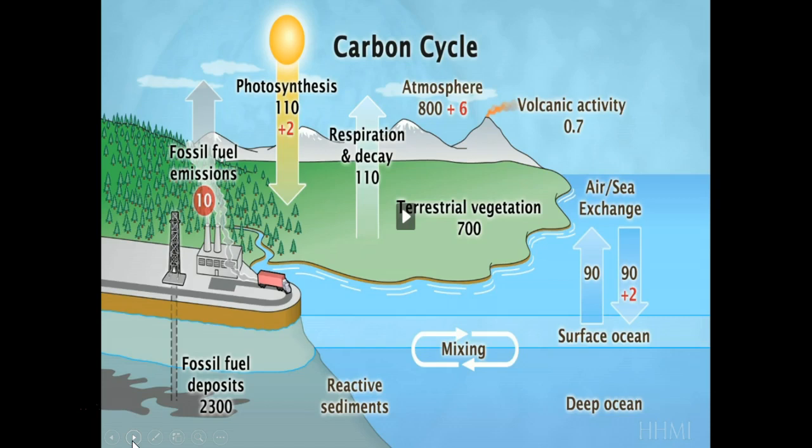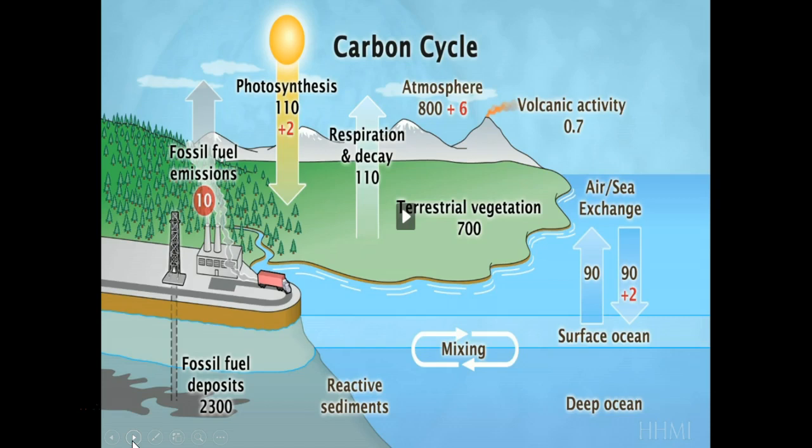Now, something that's happened since the beginning of the Industrial Revolution is the burning of fossil fuels. Our whole entire civilization is built on a huge amount of energy that we can get from burning oil, coal, and natural gas. Those are the big three sources of energy.